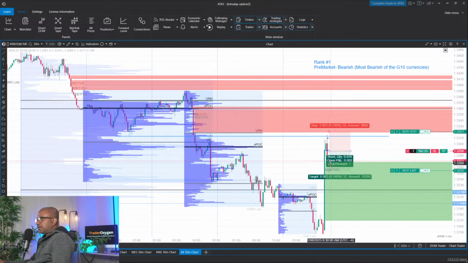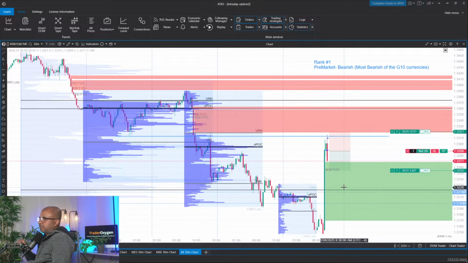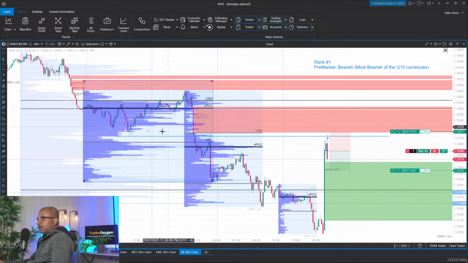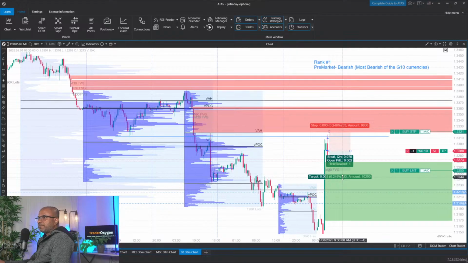And why? After the push up, the price came up all the way here into this high volume node in this area, because you can see in the previous 3 days the price has been pushing down. This is the 30-minute chart basically.